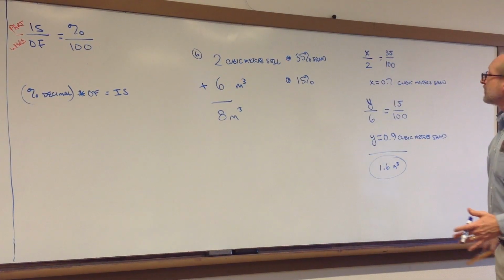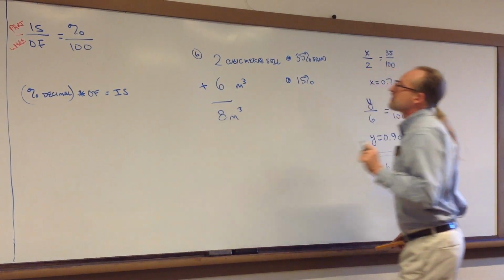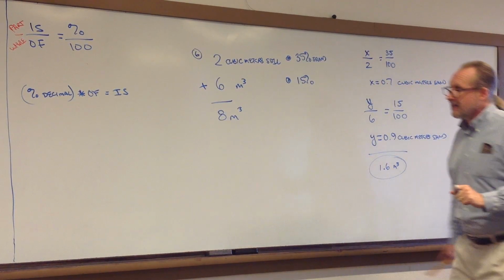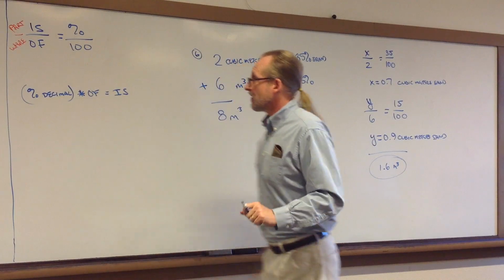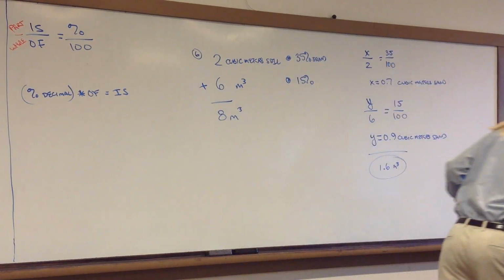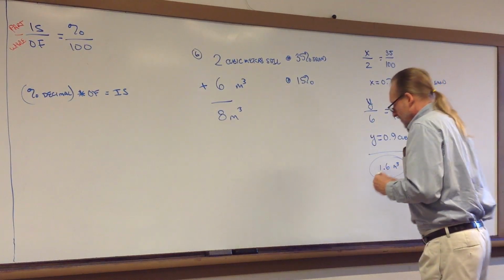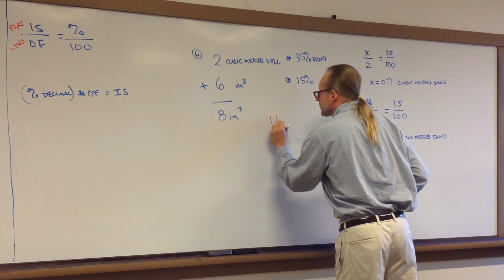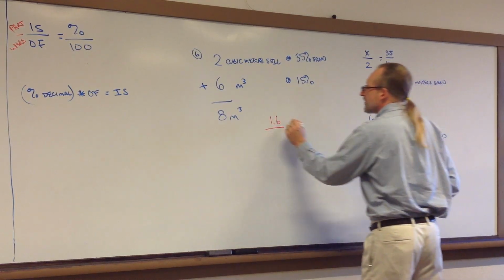So now the problem becomes, we've got 8 cubic meters of soil. We know that 1.6 cubic meters of it is sand. What's the percentage? So the part is the sand. That's 1.6 cubic meters.